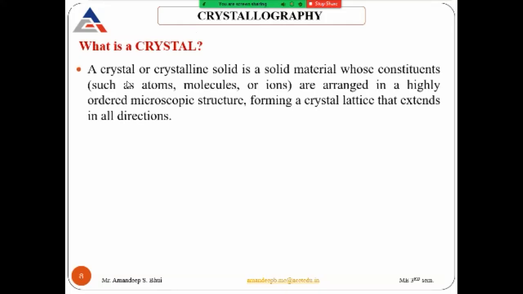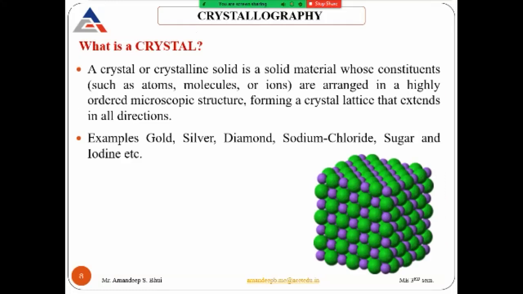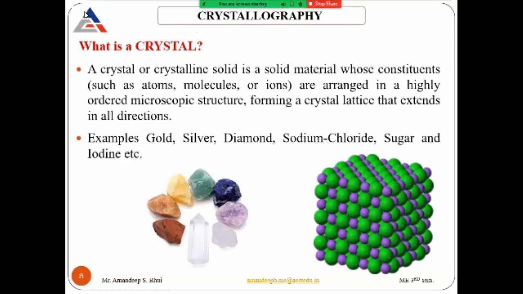Now, if we look into the next slide, what is a crystal? A crystal or a crystalline solid is a solid material whose constituents such as atoms, molecules, and ions are arranged in a highly ordered microscopic structure, forming a crystal lattice that extends in all directions. So if we define a crystal, this means that the arrangement of atoms, molecules, and ions in a crystalline solid is highly ordered, like you can see in this diagram on the right hand side.